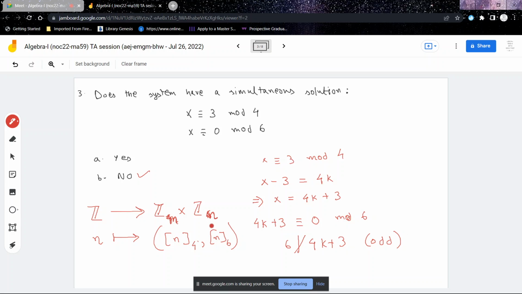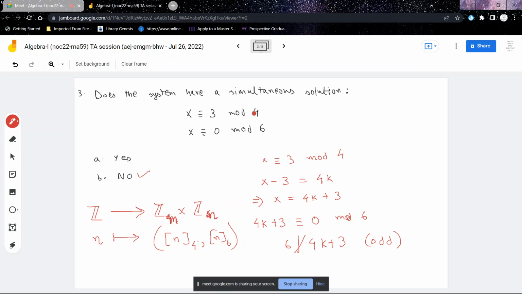Clearly 4 and 6 are not relatively prime here, so this map is certainly not surjective, and it just happens that (3, 0) is not in the image.